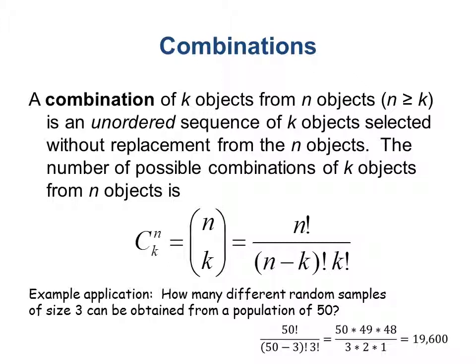If you're wondering why we don't have 47, 46, 45, etc. in the numerator, it's because we similarly had a 47 times 46 times 45 in the denominator, and those canceled each other out so that we end up with an answer in this case of 19,600.